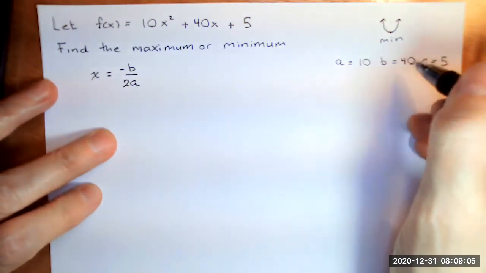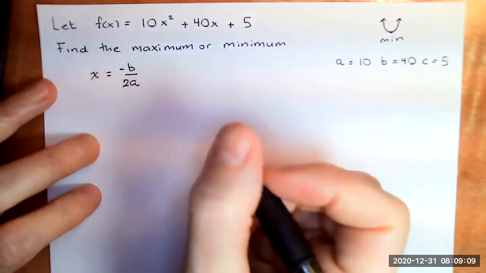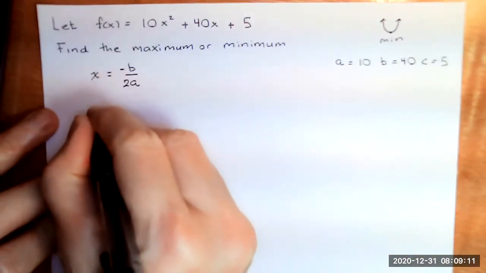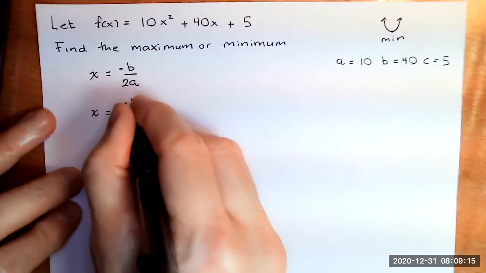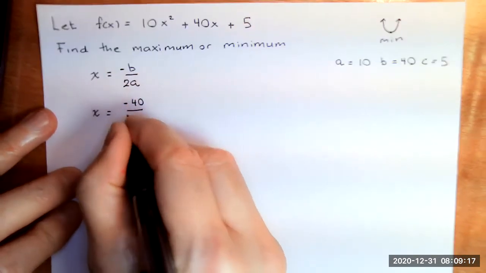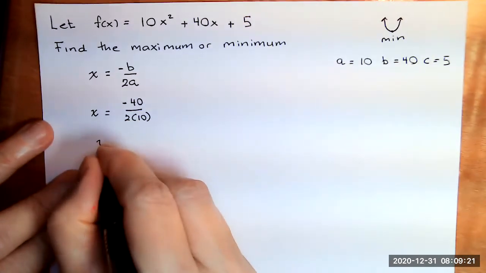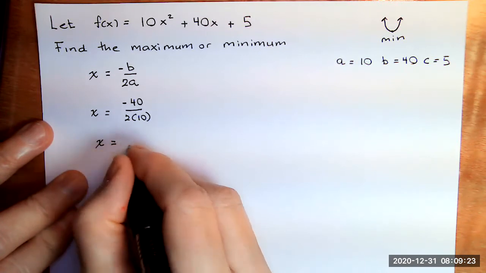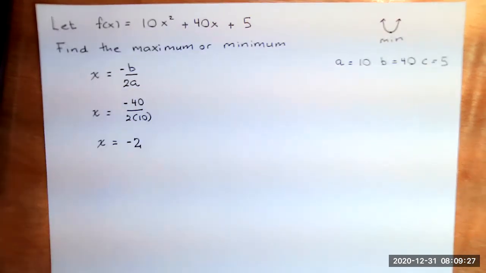And as you can see, that doesn't affect the x value of the maximum or the minimum. So the minimum occurs at x equals negative 2.